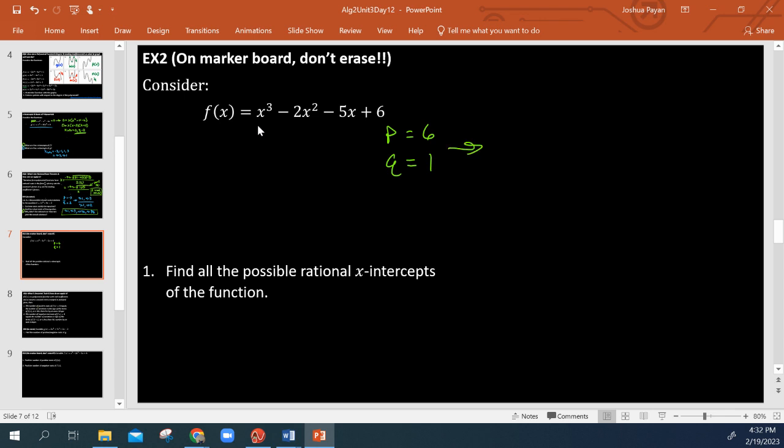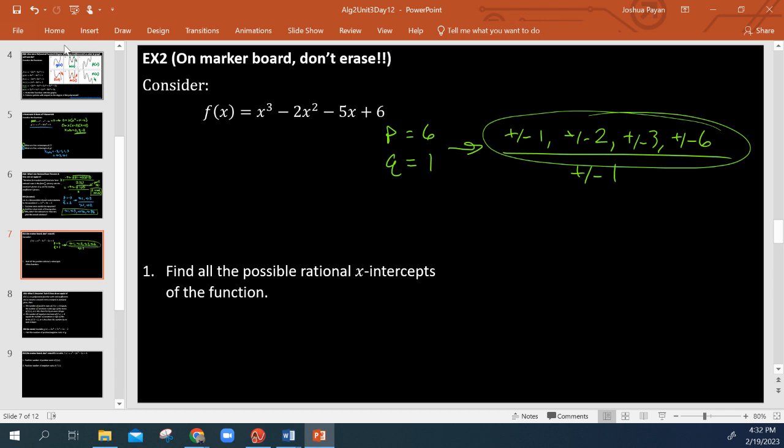So this time we're going to have plus or minus 1, plus or minus 2, plus or minus 3, and plus or minus 6, all of that over, well, 1 only has plus or minus 1. Okay, so that means we're going to have 8 possibilities, because these are all going to just be over plus or minus 1.